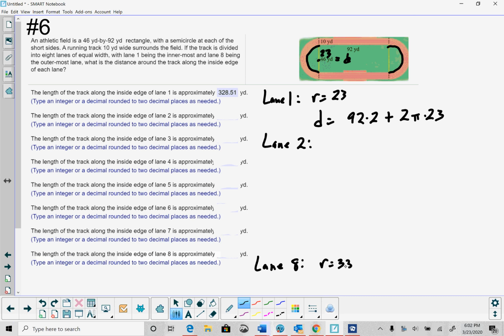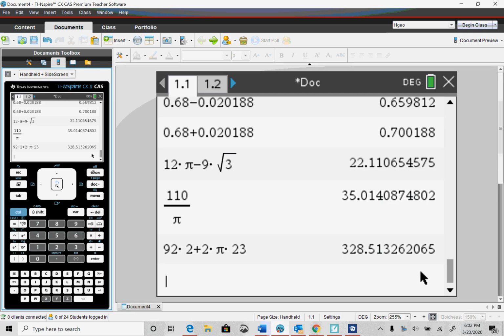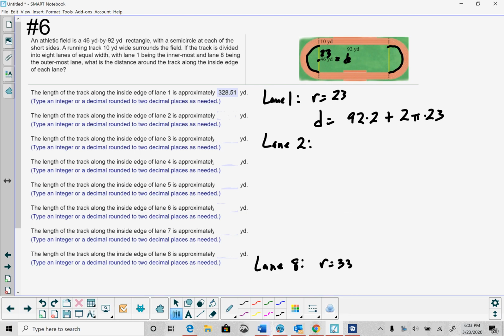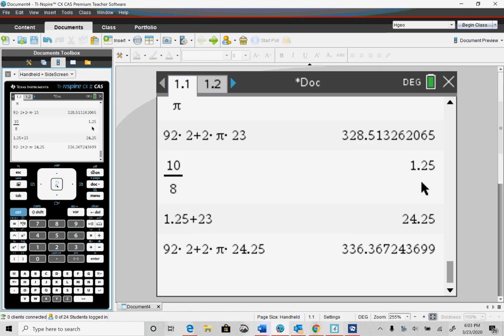That 10-yard distance, though, is split up among 8 lanes. So we take that 10-yard distance divided evenly among the 8 lanes. That means each lane has to be 1.25 yards wide.